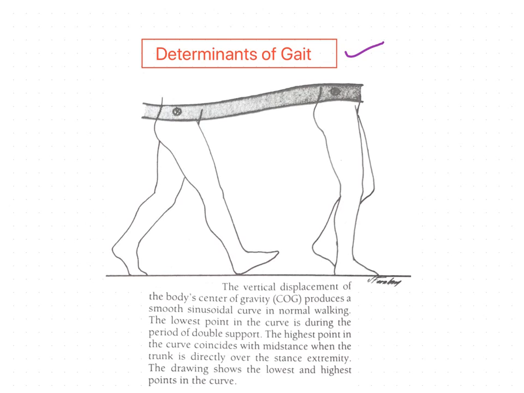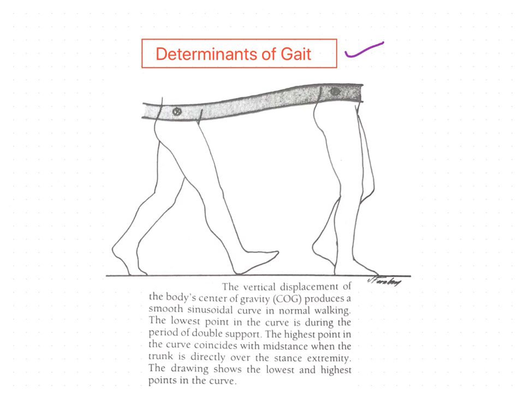The determinants represent adjustments made by the body that help to keep movement of the body's center of gravity to a minimum. That is the main function of these determinants. There are 6 determinants.